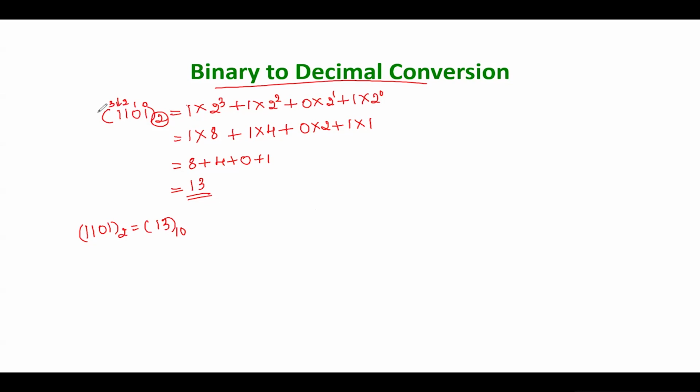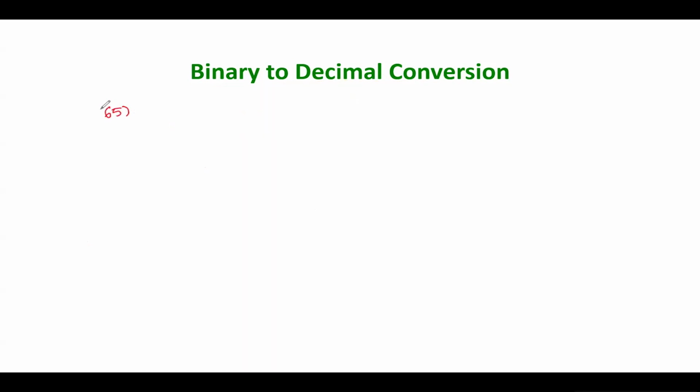Now, let us take the same examples which we had done in the previous session, that is 65 and 122, which we had converted. Now, let us cross-verify and see if we have done it correctly. So, when we had converted 65 into binary, we got the number 1, 0, 0, 0, 0, 0, 1 to the base 2. Okay, you can go back and check the previous video. Now, I want you to pause the video and try it yourself. Try and convert this into decimal.